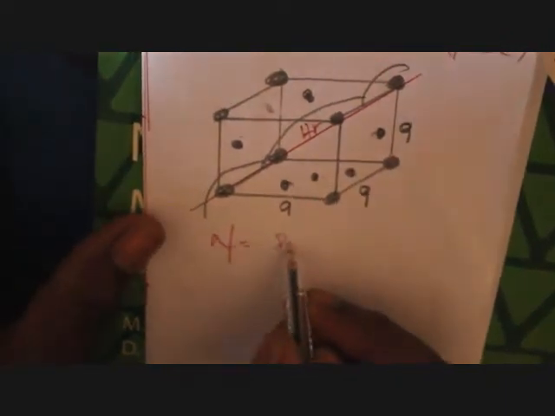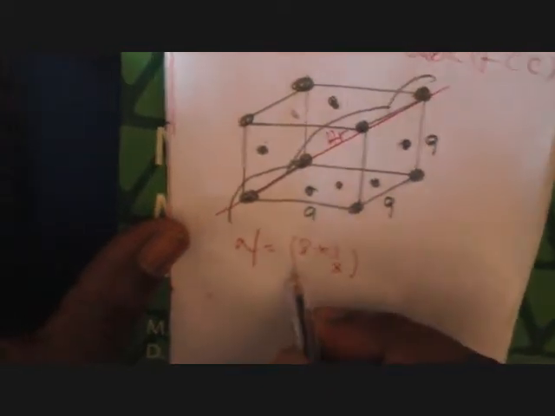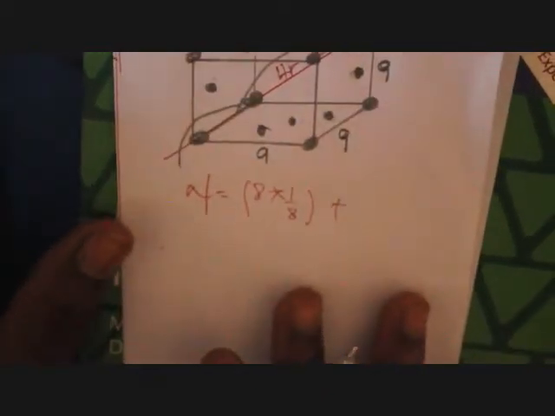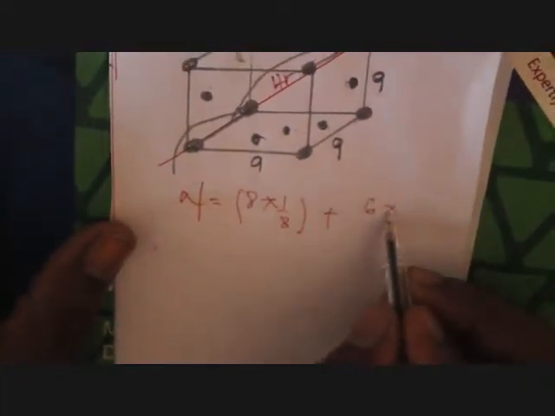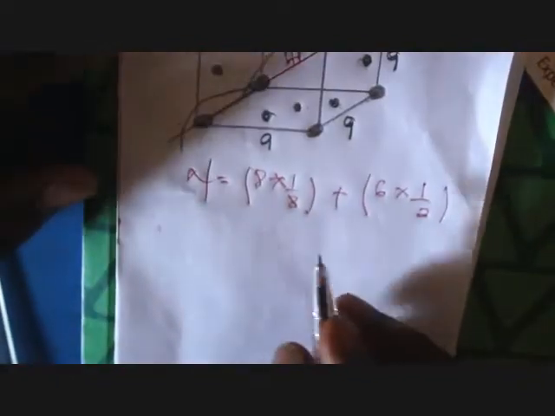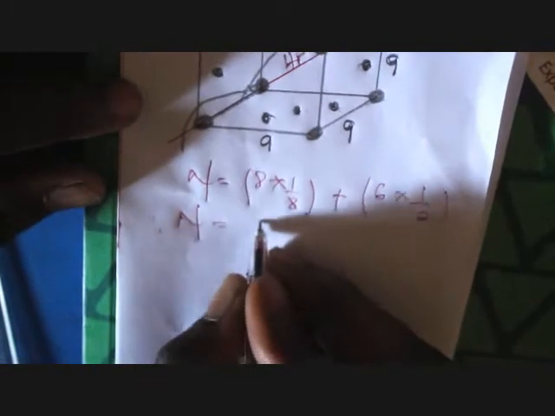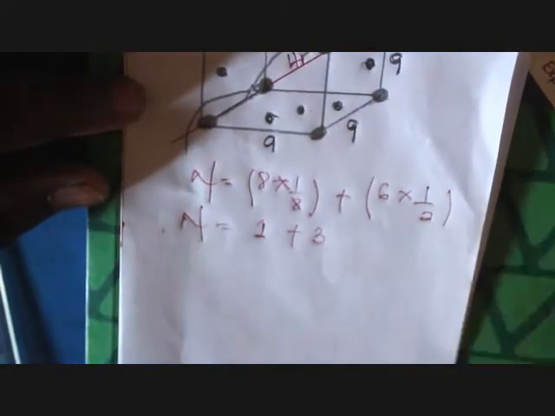So therefore 8 times 1/8 plus 6 times 1/2. From here we can say N is equal to 1 plus 3, which is equal to 4. So our N is 4.